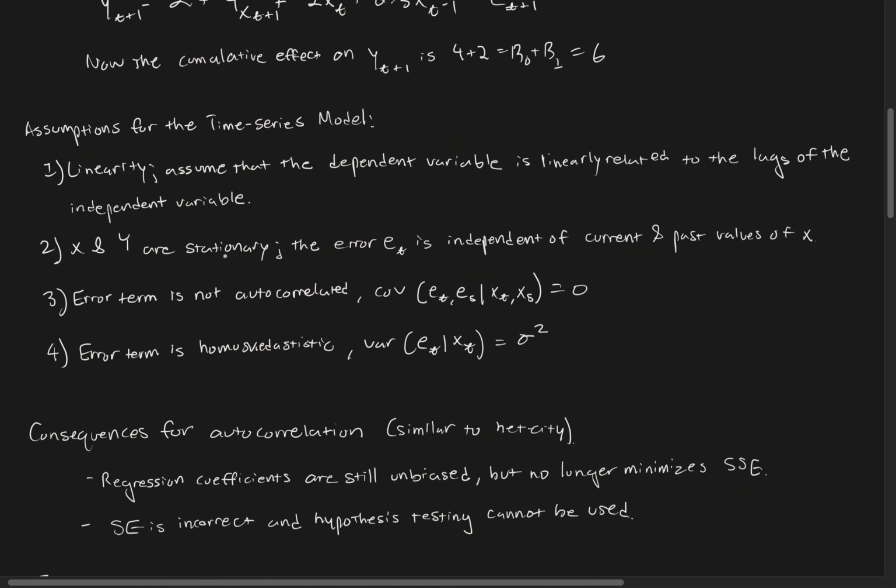At the end of the day, we can still draw a linear line across a plane or a graph. We already mentioned that x and y need to be stationary, so it can't be moving significantly across the mean. Variance needs to be constant, and the error needs to be independent of the current and past values.